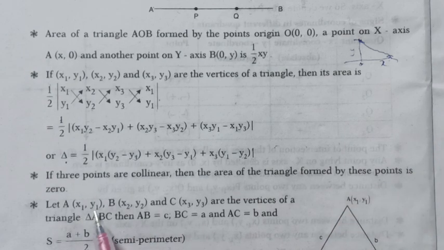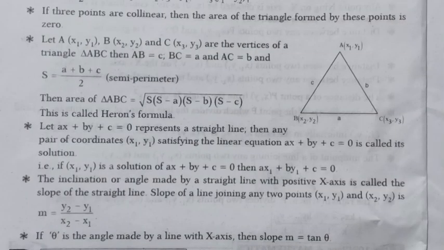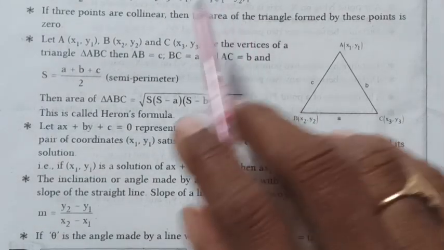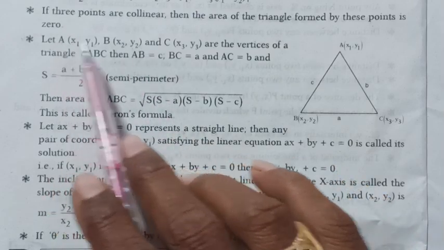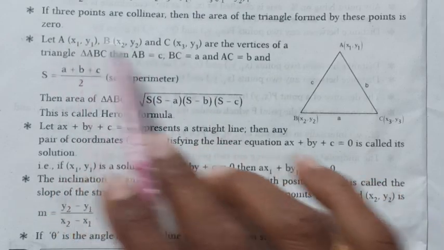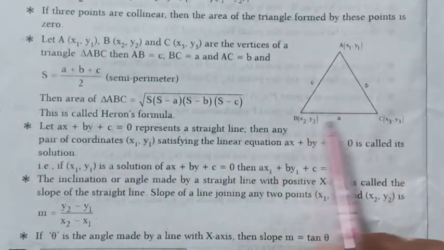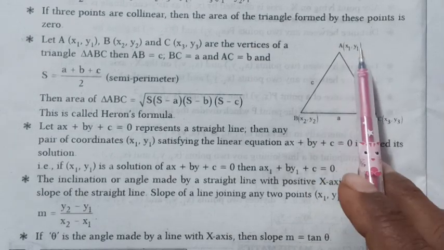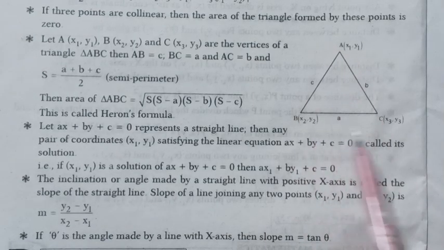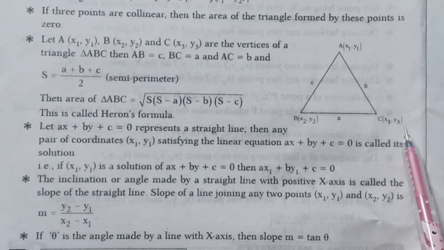Let A of x1, y1, B of x2, y2 and C of x3, y3 be the vertices of a triangle ABC. A equal to x1, y1, B equal to x2, y2, C equal to x3, y3.